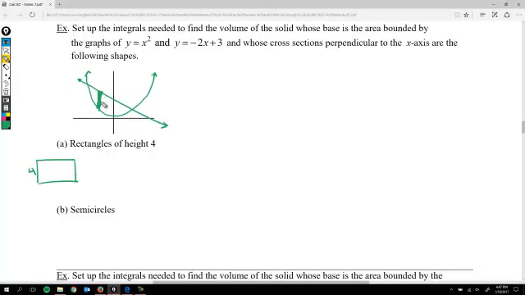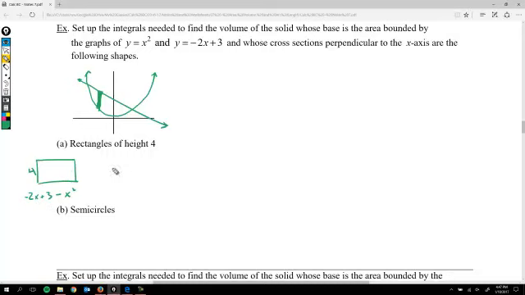Really I need to know what this distance is because that's going to be the width of my rectangle, and I need to know the area of this rectangle. That goes back to our idea of area, top minus bottom. In this case, it'll be negative 2x plus 3 minus x squared, top minus bottom. And so this is my rectangle. These are the dimensions of my rectangle, 4 by negative 2x plus 3 minus x squared.